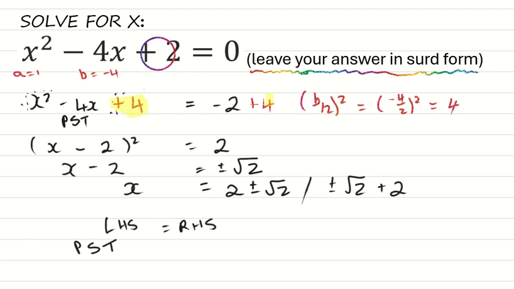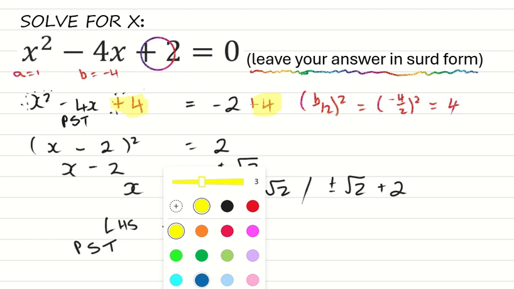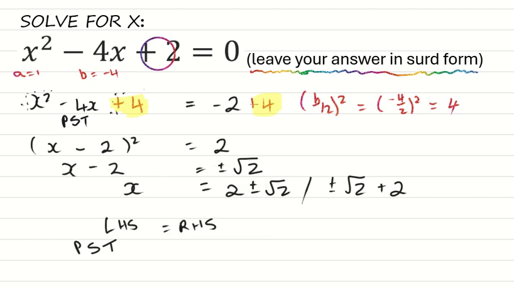So we manipulated this problem to our liking, to our needs. But it's okay because I added it on both sides. Once I introduced that unknown element, we were able to nicely factorize our perfect square trinomial. And from there, it's just a matter of solving for x. And as was requested in the question, this answer was left in surd form. So we are done.